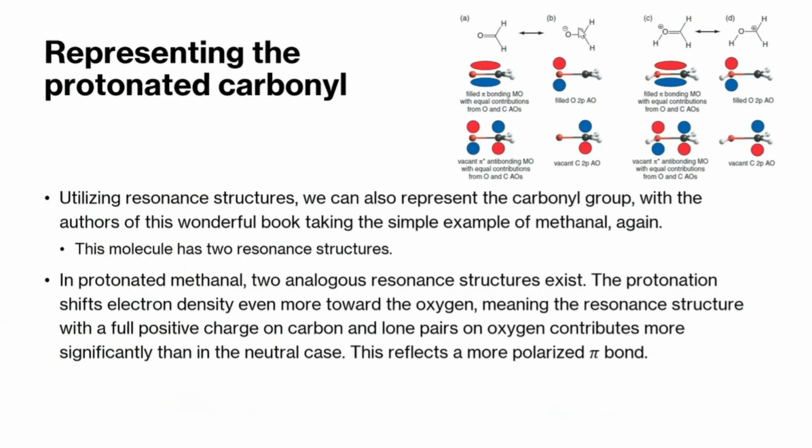So if we have protonated methanol, protonation will shift electron density even more towards oxygen, meaning the resonance structure with a full positive charge on carbon and lone pairs on oxygen, aka this one, will contribute more significantly than in the neutral case, which reflects a more polarized pi bond.